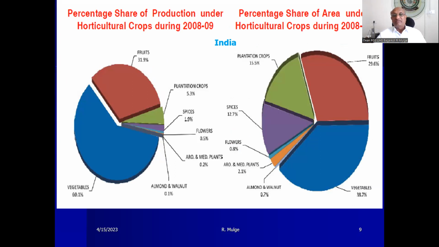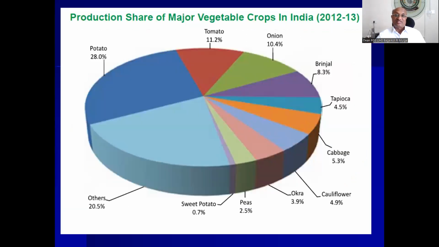So it depends on the productivity. Some other crops have less production, but in money value, even those low production share crops can contribute to the national economy. It's not an exaggeration: vegetables definitely have the maximum production contribution among horticulture crops, with 38% area share and 60% production share.